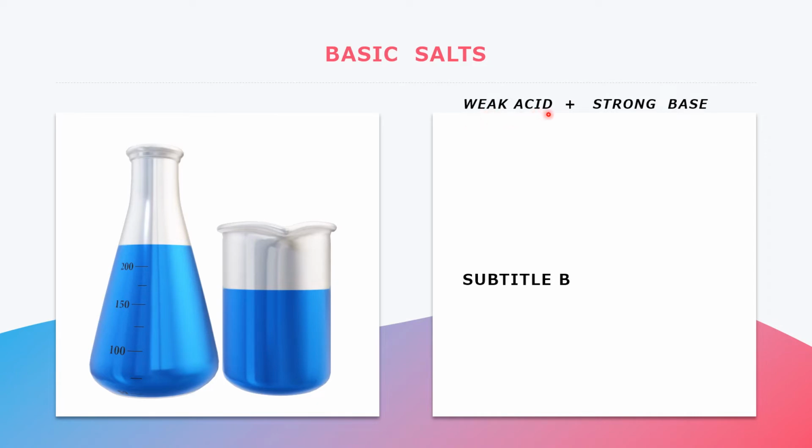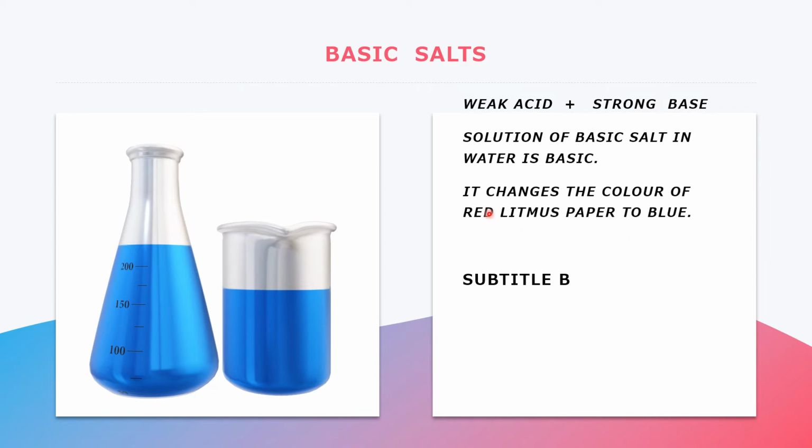When a weak acid reacts with a strong base, the salt formed will be a basic salt. See, the acid is weak and the base is strong. So the salt is a basic salt. The solution of basic salt in water is basic in nature. It changes the color of red litmus paper to blue.